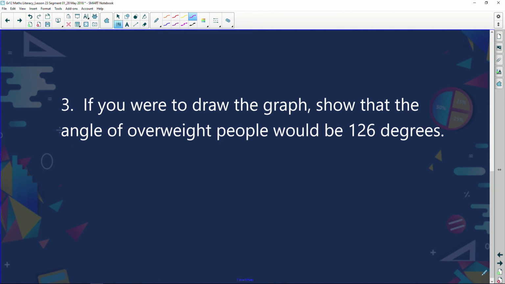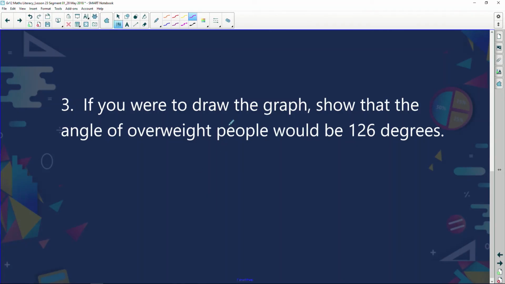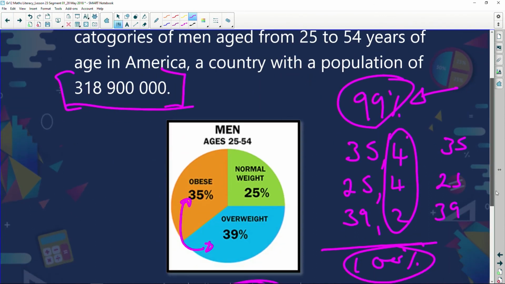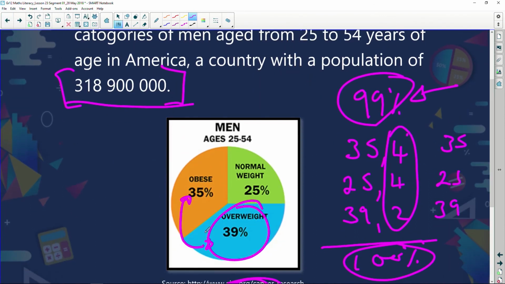Right, then we look at another question. If you were to draw the graph, show that the angle of overweight people would be 126 degrees. Lovely question, folk, and even though we're running short of time, I've just got to do it with you because it's so important. Okay, so how many people are overweight? If we go back, we can see that overweight people is 39%.